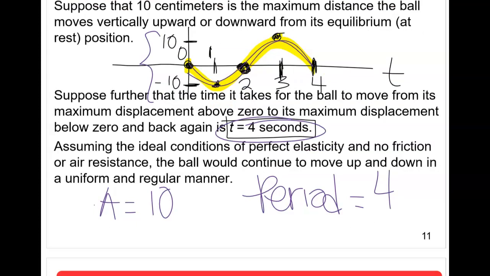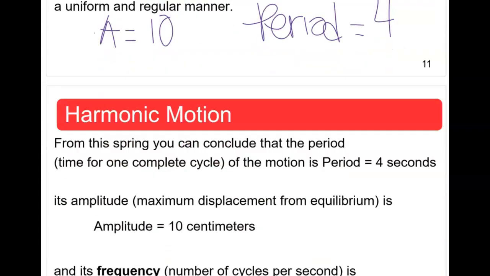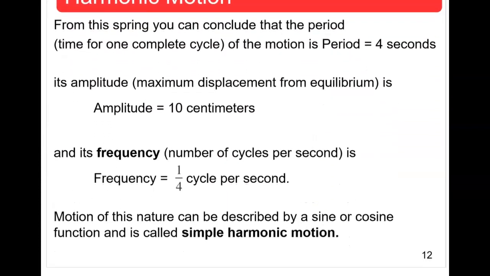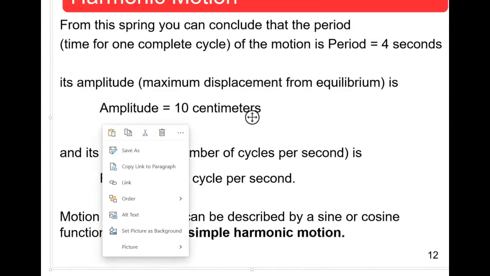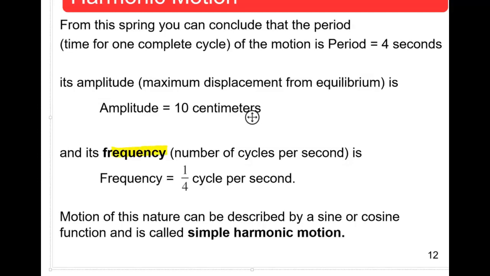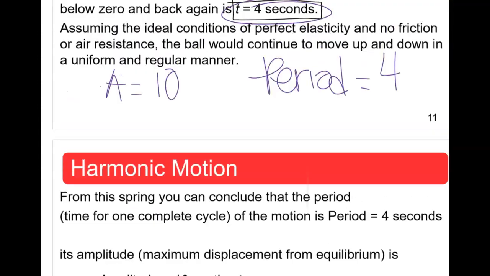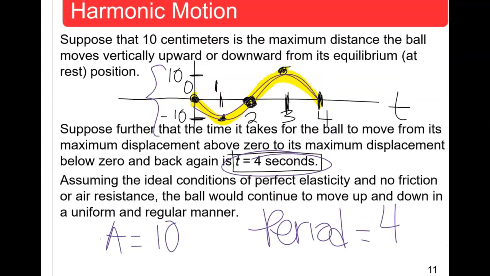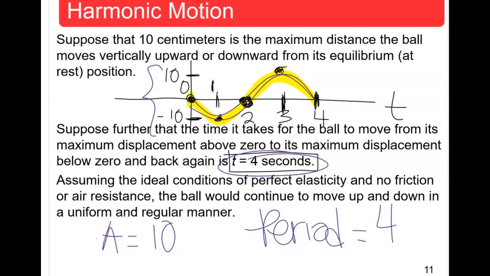So from the concept of period, we're going to move on to another one, which is frequency. And frequency is actually on the next slide. It is defined as the number of cycles per second. So if you recall from our previous graph, a full cycle in length, in time, the period, was 4 seconds.